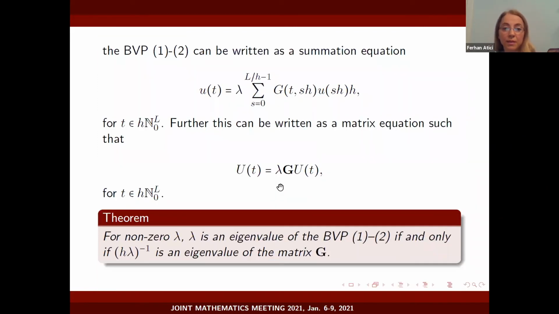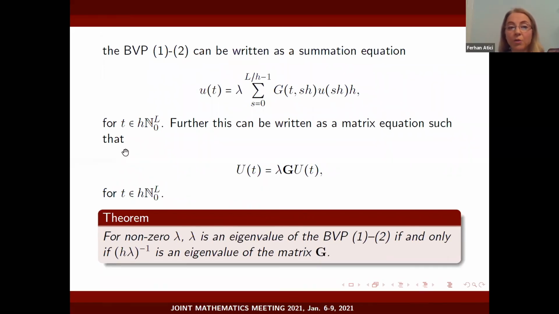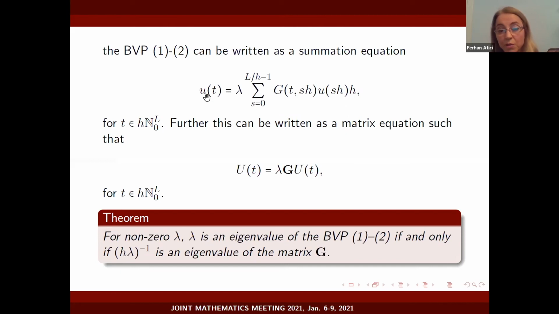And then here I'm writing the boundary value problem 1 and 2 as a sum equation. Once we have the sum equation, we write it as a matrix equation, a kind of vector equation, I should say. Here, capital G is a square matrix, and all the entries are elements of this Green's function.